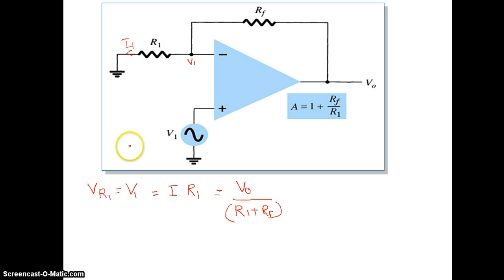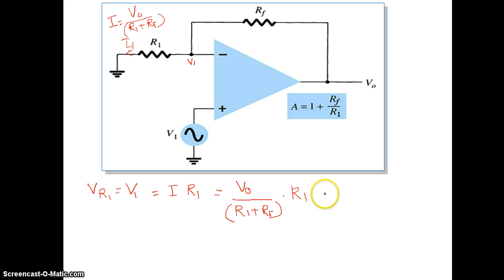So the current I1 is equal to VO divided by R1 plus RF. Now, multiply it by R1.